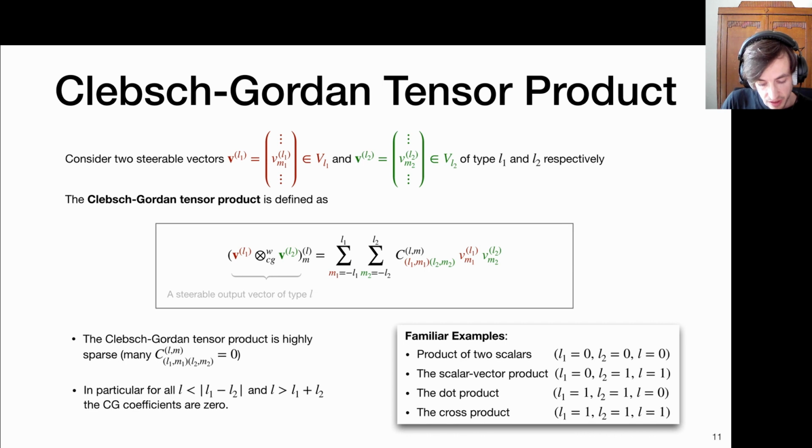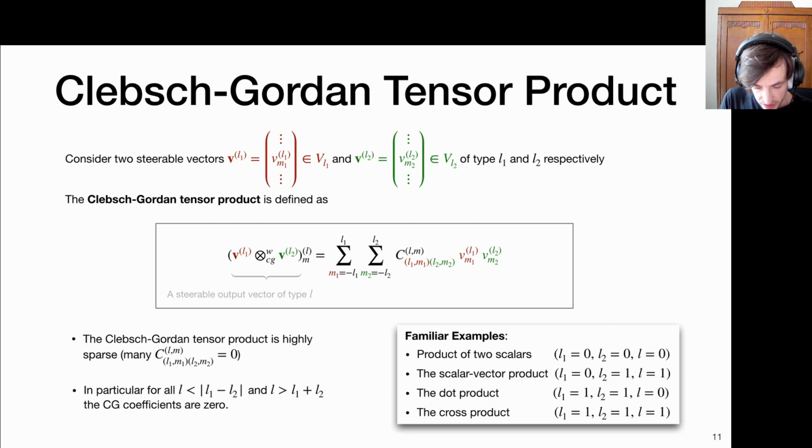Okay, so this Clebsch-Gordan tensor product encodes all possible multiplications or tensor products between vectors of different types. And in general, many of these possible combinations of multiplications will be 0, in particular whenever the output frequency index is below some lower bound or above some upper bound.